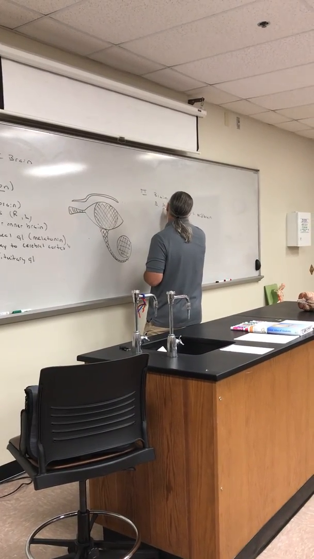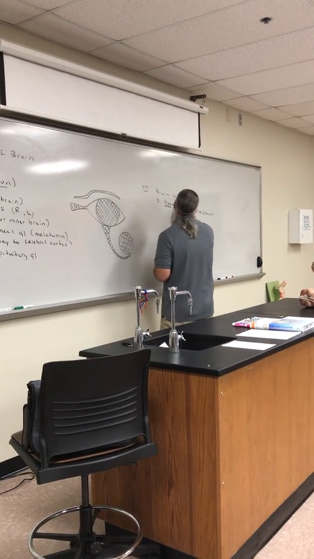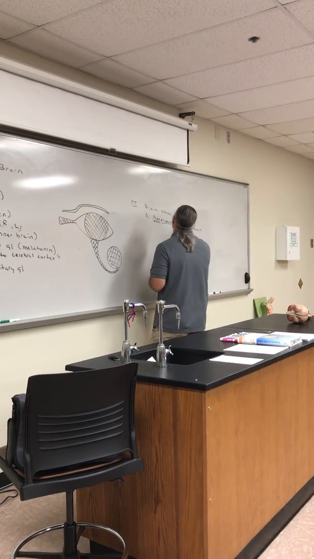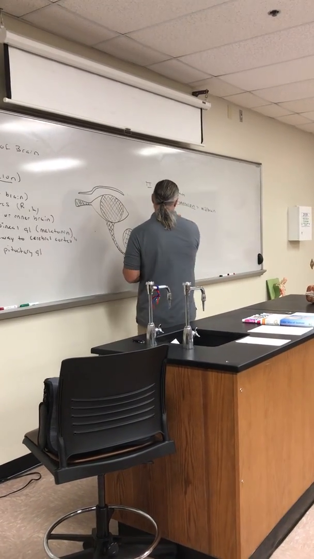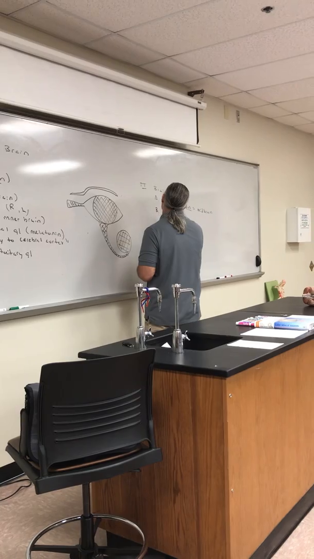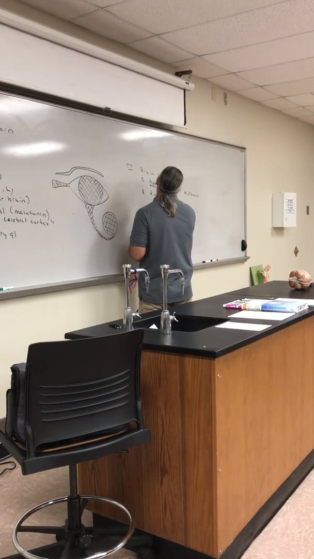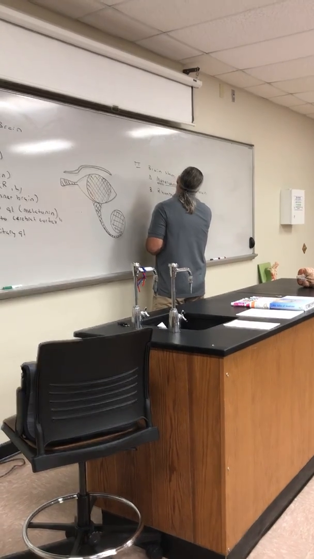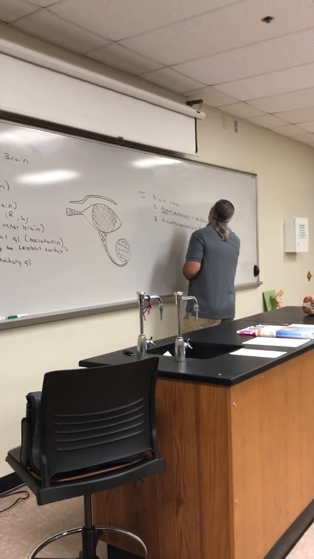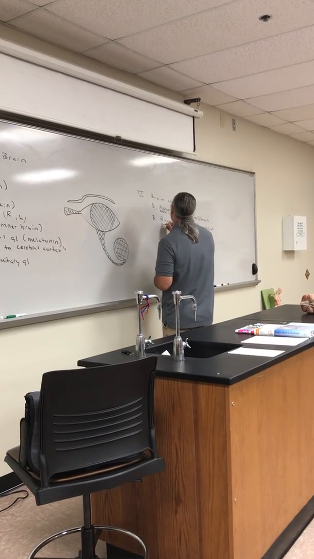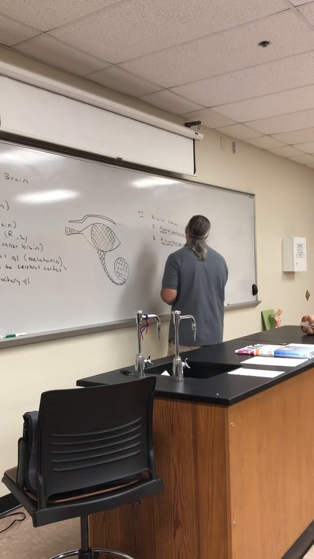And again, you can see we have the prefix mes, and then the root encephalon, which means brain, so midbrain. Okay, then we have the rhombencephalon. The rhombencephalon is your hindbrain. Here we have rhomb, which means hind, and then encephalon.